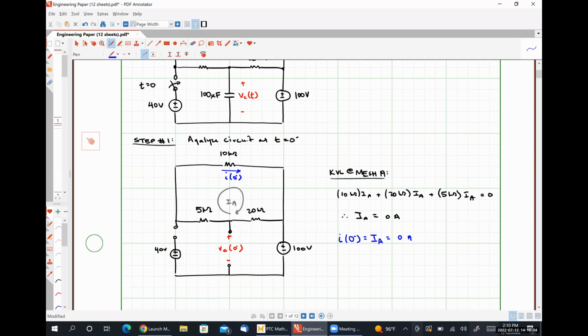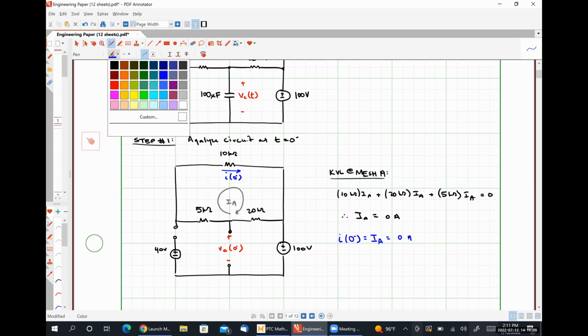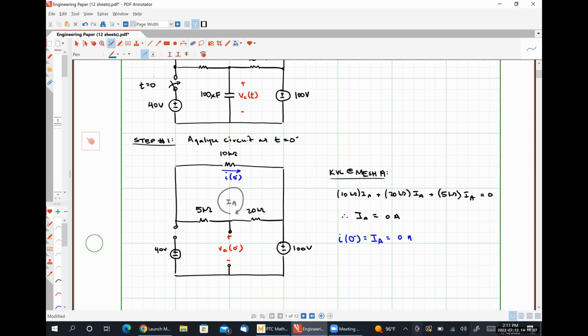All righty. So how can we determine VC at 0 minus then? All right, since nobody is suggesting anything, I am going to make a suggestion. I am going to suggest that we write a Kirchhoff's voltage law equation around this loop.